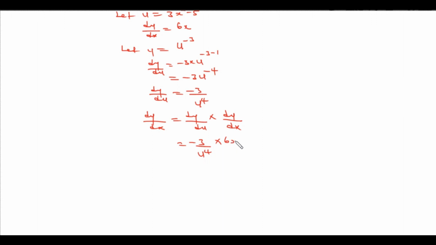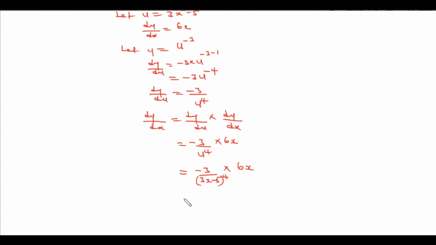We know u is equal to 3x squared minus 5. So we substitute for u: minus 3, and then we write u, which is 3x squared minus 5, all raised to the power 4. Don't forget to write the power, times 6x.